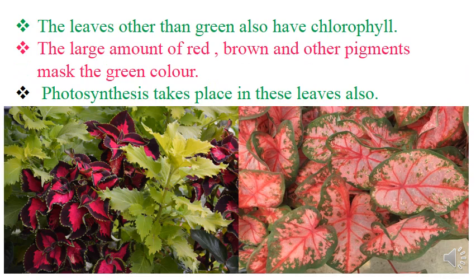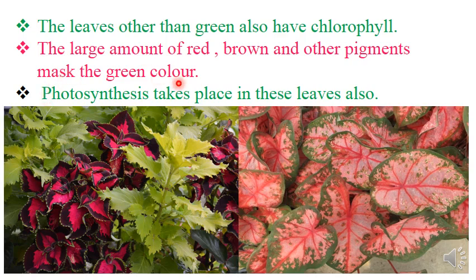The leaves other than green also have chlorophyll. We may have a doubt that only green leaves have chlorophyll, and only in such plants does photosynthesis take place. But some other leaves, like maroon color and purple, also have chlorophyll, and the photosynthesis process takes place in them.